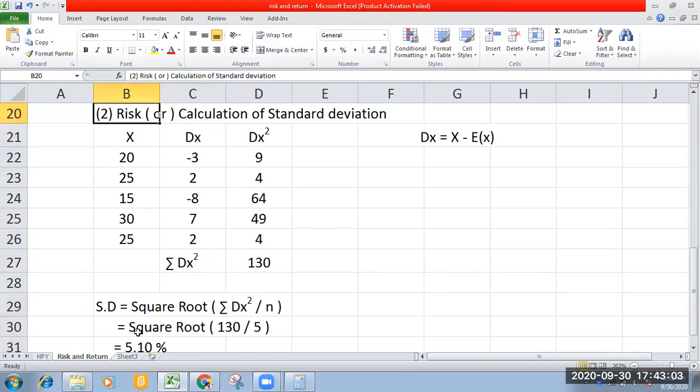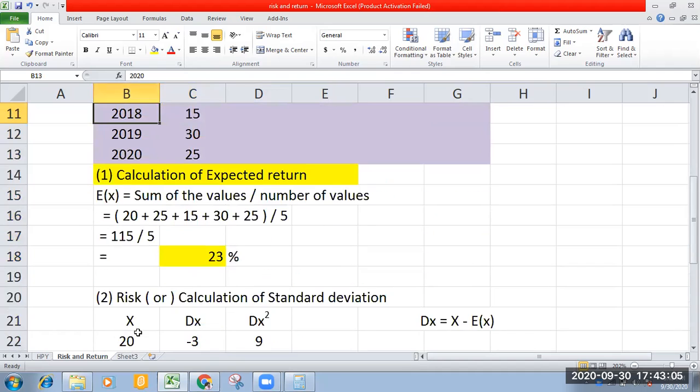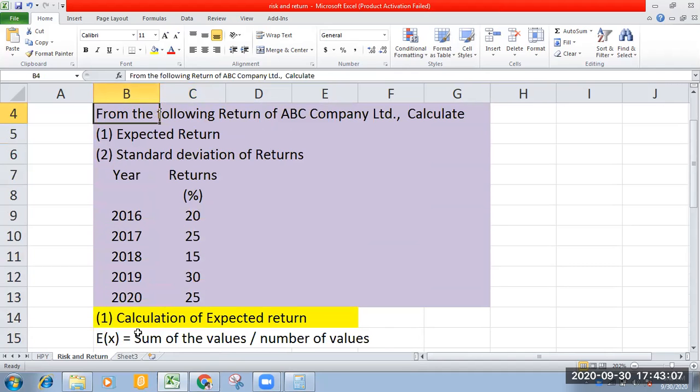So that's how we calculate the risk and return of a particular security. In this case, ABC Company Limited shares, in the past 5 years of their performance, have provided 20%, 25, 15, 30, 25 as their returns.